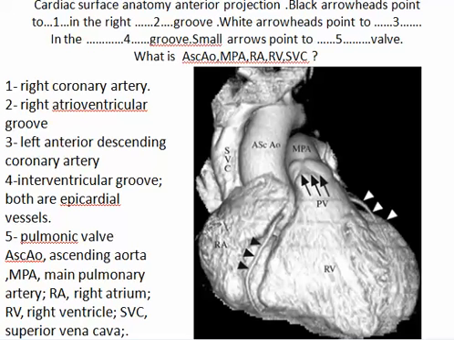So we have the right coronary artery running in the right atrioventricular groove, and then we have the white arrowheads pointing to the left anterior descending coronary, and this is running in the interventricular groove.